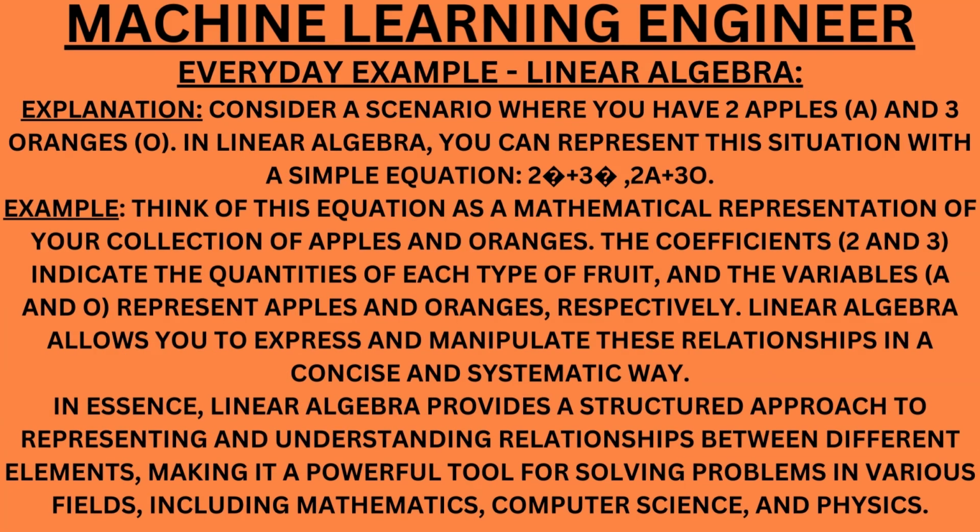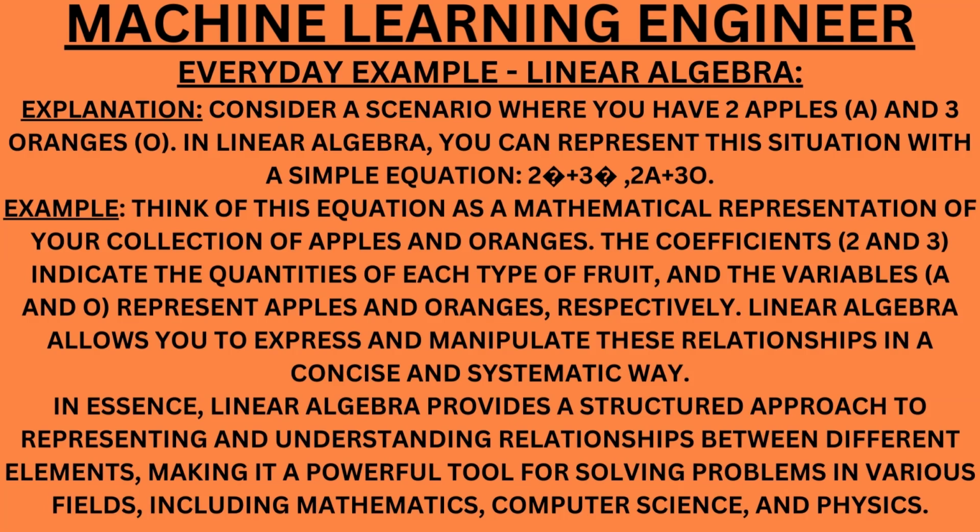Everyday example, linear algebra. Explanation: Consider a scenario where you have 2 apples (A) and 3 oranges (O). In linear algebra, you can represent this situation with a simple equation: 2A + 3O. Example: think of this equation as a mathematical representation of your collection of apples and oranges. The coefficients 2 and 3 indicate the quantities of each type of fruit, and the variables A and O represent apples and oranges, respectively.